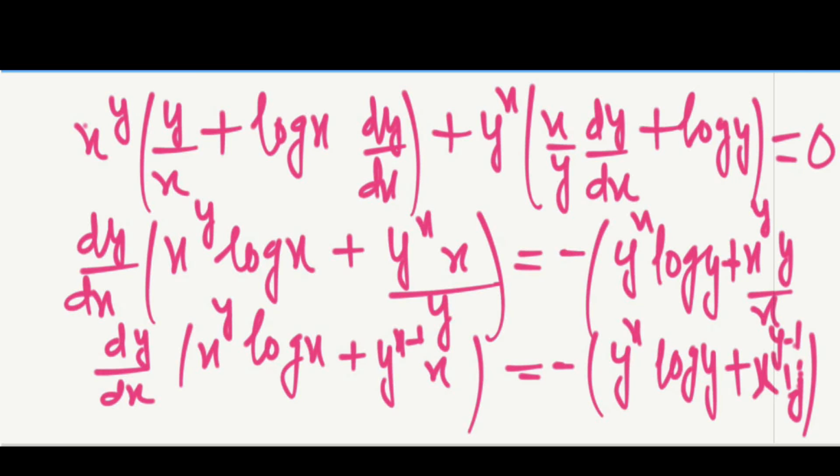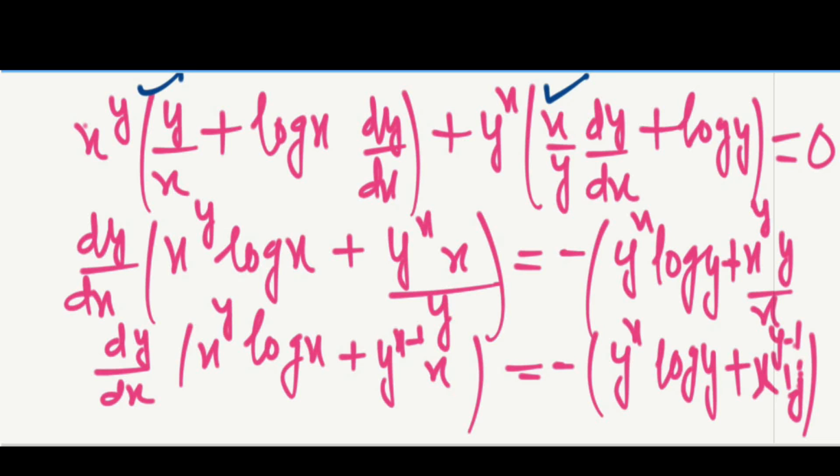So substitute back and collect those values which have dy upon dx as common, which are x raised to power y log x and y raised to power x into x over y. And on the right side we get minus y raised to power x log y plus x raised to power y into y upon x.